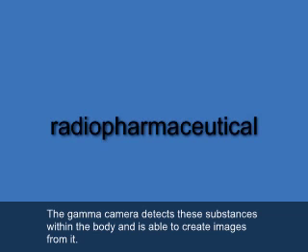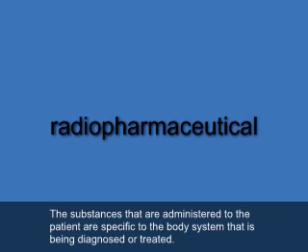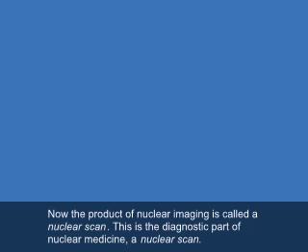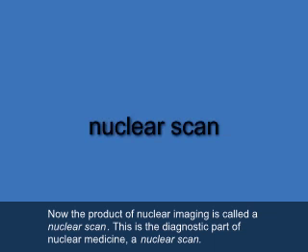The gamma camera detects these substances within the body and is able to create images from them. The substances that are administered to the patients are specific to the body system that's being diagnosed or treated. Now, the product of nuclear imaging is called a nuclear scan. This is the diagnostic part of nuclear medicine.